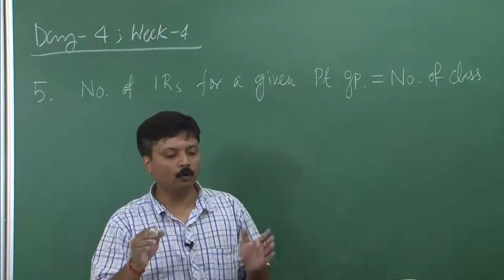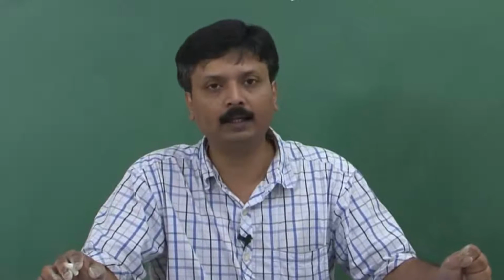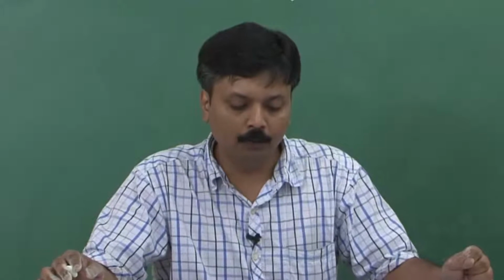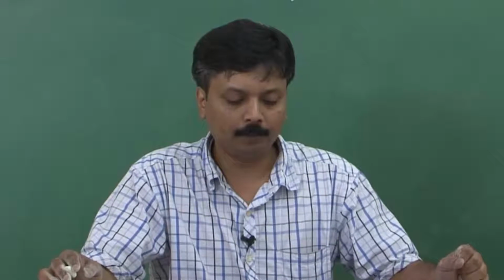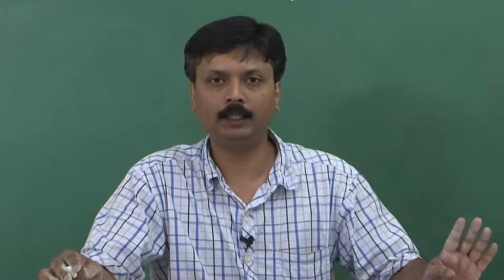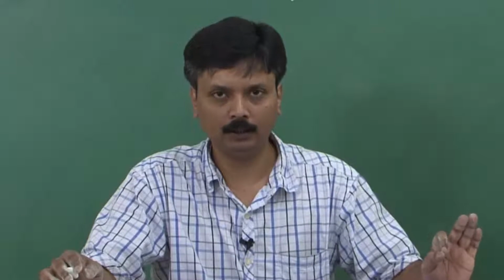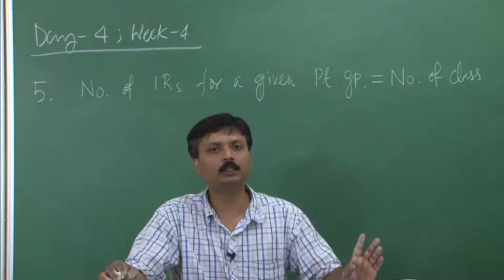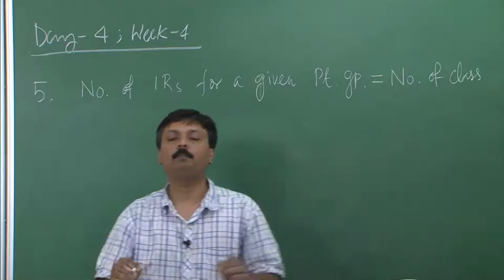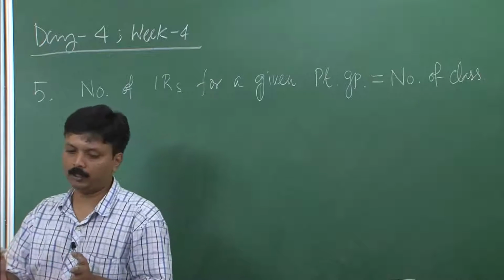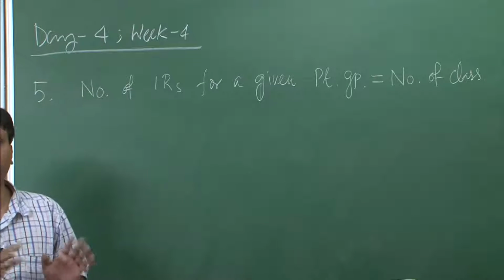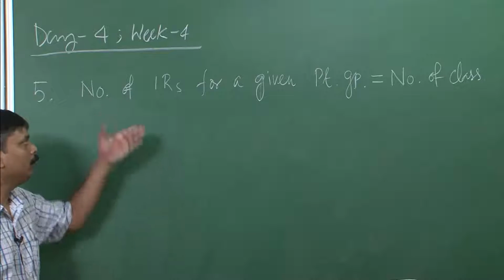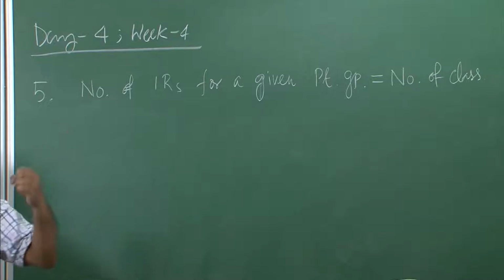If you again go back and look at the character table of ammonia, you will see that there are three classes: E, the class of C3, and the class of sigma V, and the number of irreducible representations is also 3. So you can pick up the character table of any point group and verify this. We are also not going to give you the proof because it's pretty lengthy.